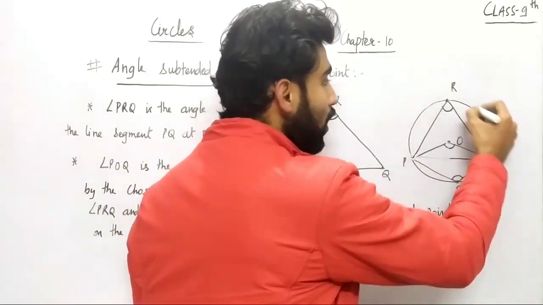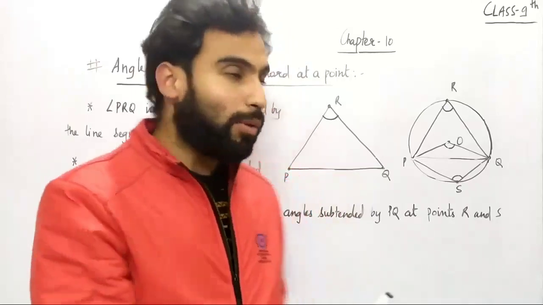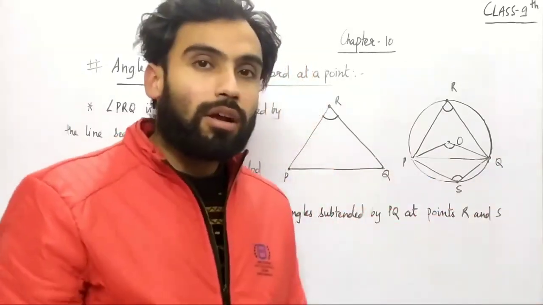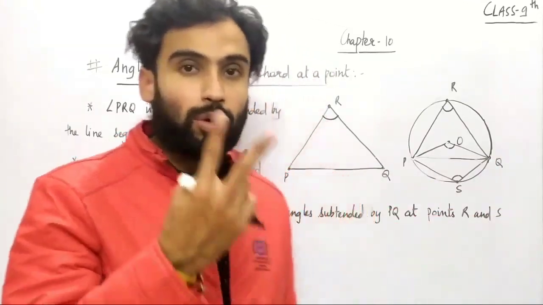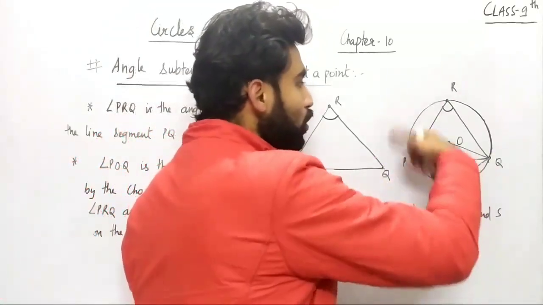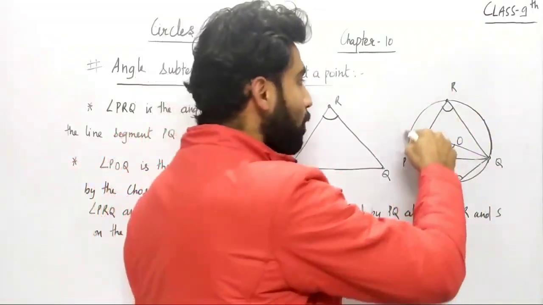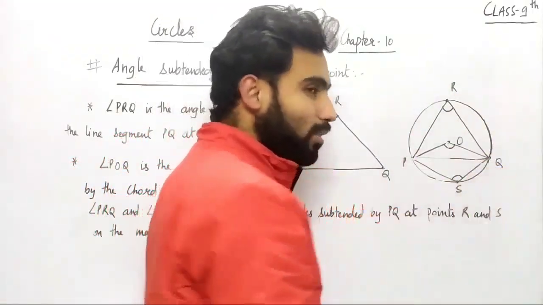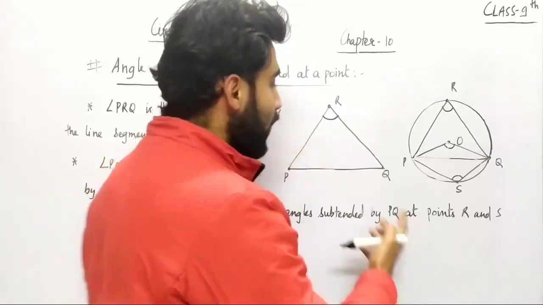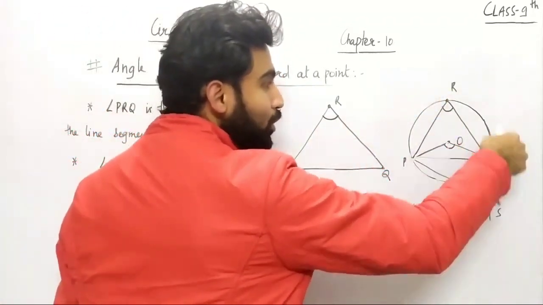One is the major arc and the other is the minor arc. I told you that when we divide the circle in between, the circumference gets divided into two parts. So here you can see the point R is present on the major arc.